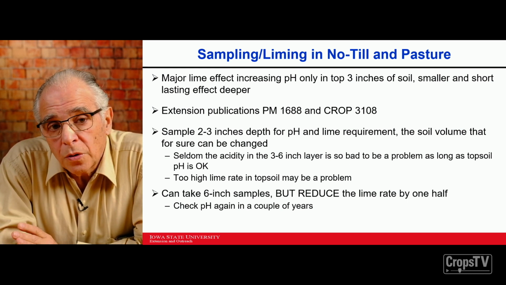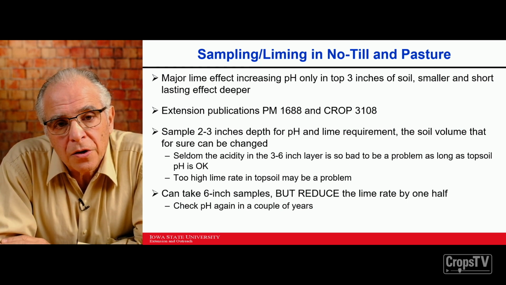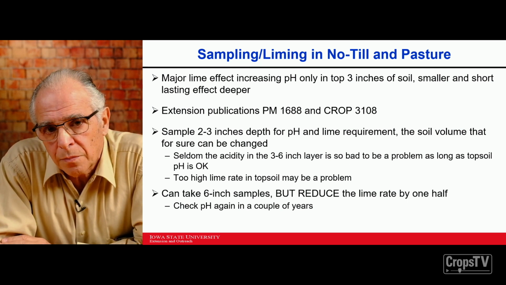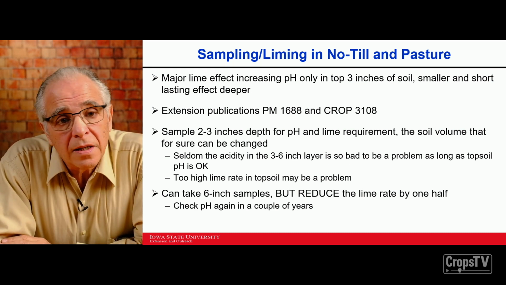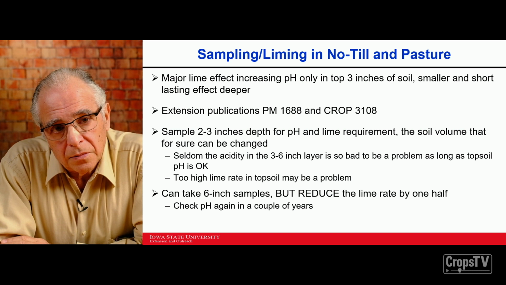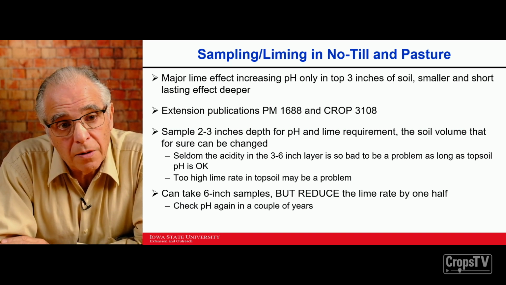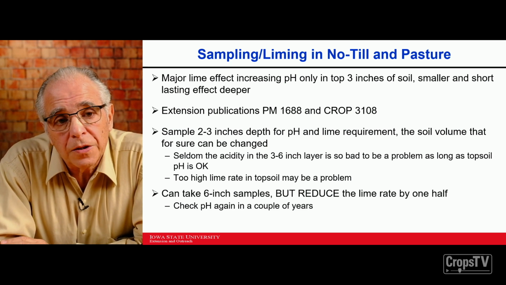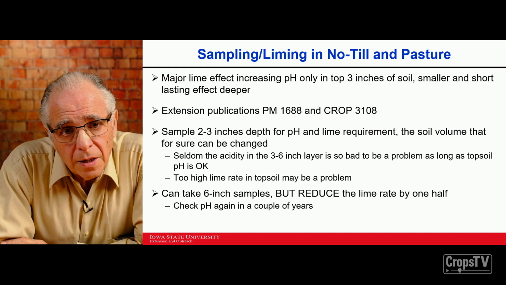And if we put too high a lime rate in the topsoil, that may be a problem. It may increase micronutrient deficiencies, problems with herbicides, and so forth. But we recognize that almost nobody does this. Everybody samples about 6 inches for P, K, lime or whatever. So we said in that publication that people could also take 6-inch samples.